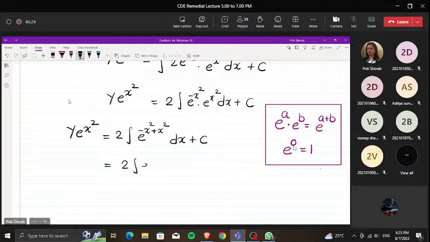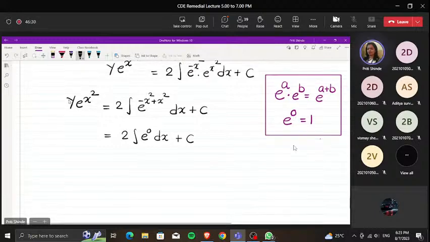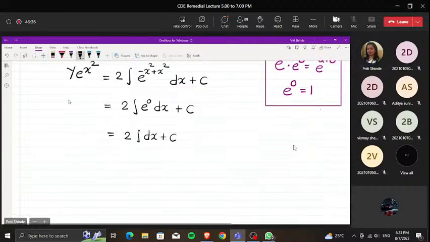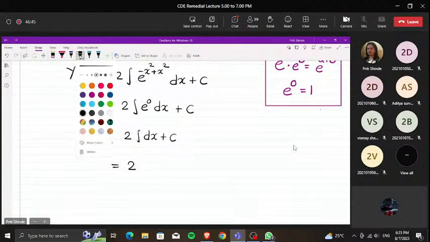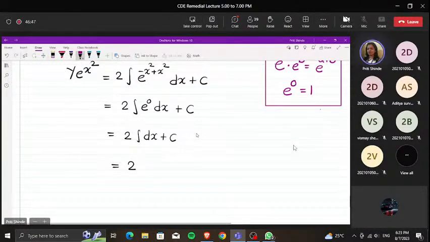So minus x square plus x square is 0. Any non-zero number raised to 0 is always 1. Integration of 1 dx equals x plus c. So what is integration of dx? x. Integration of 0 dx is 0.